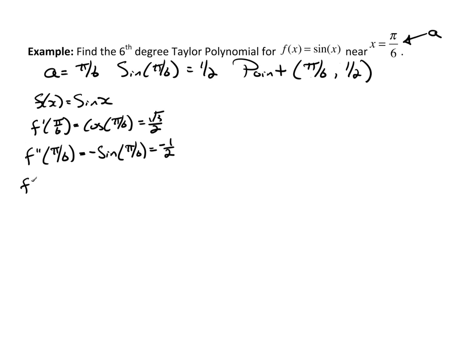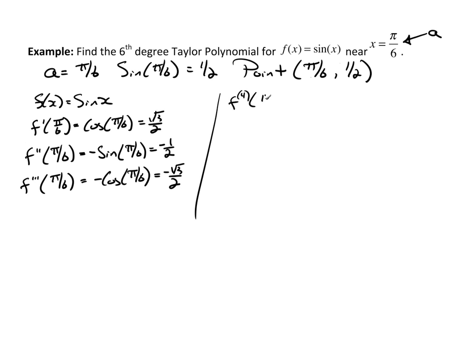So now I want f triple prime of pi over 6, the 3rd derivative, which is negative cosine of pi over 6, which is negative root 3 over 2. I'm going to move over here because I want to write the rest of this down here in the bottom. So I want the 4th derivative at pi over 6. Well, the derivative of negative cosine is sine.